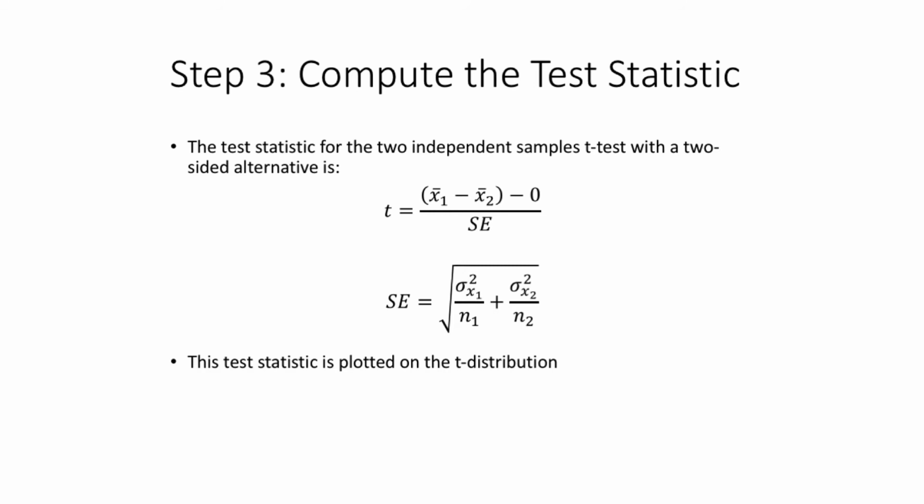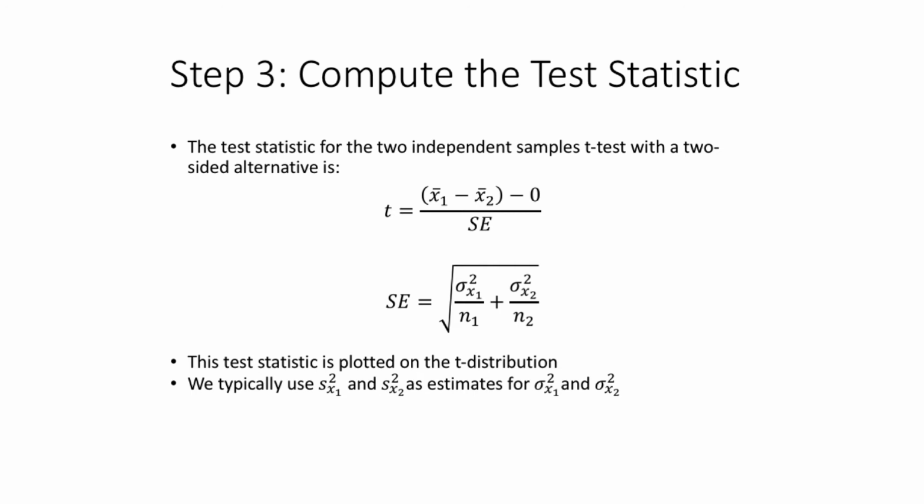Because recall, these population variances we don't actually observe, so we have to use information from our data as point estimates. Again, we're going to use statistical software, and when we use statistical software, we're going to assume that there are unequal variances. This is typically the more realistic option than assuming that the variances are the same for the two groups.